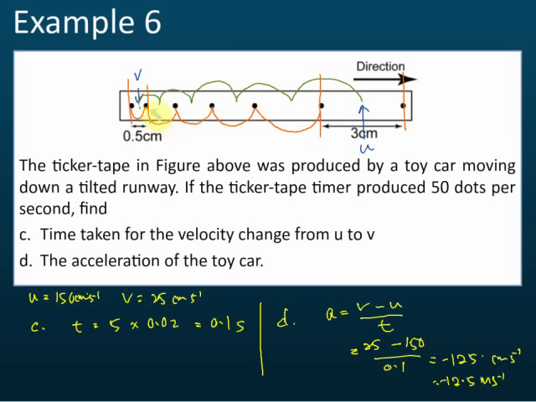Finding velocity, you just count from the first dot to the last dot. But for finding acceleration, that's not the case. You must know where your U and where your V are. U and V are always in the middle of the length that you measure. For example, this one we measure 3 cm, then it's in the middle of this 3 cm. This one 0.5 cm, it will be in the middle of the 0.5 cm.